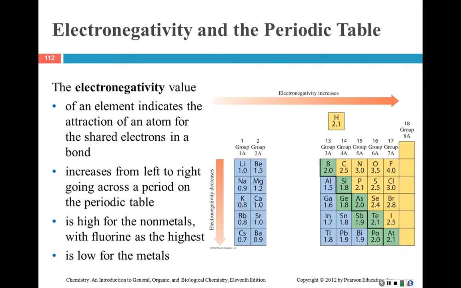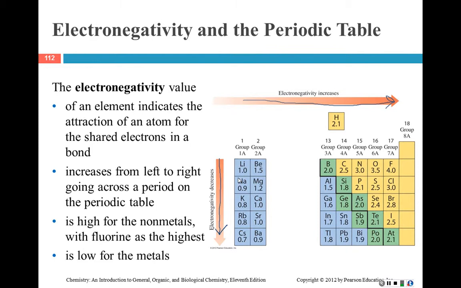So the electronegativity of an atom indicates how much attraction it will have in that shared electron pair in a covalent bond. As you move from left to right on the periodic table, it increases, and as you move down the periodic table, it will decrease.